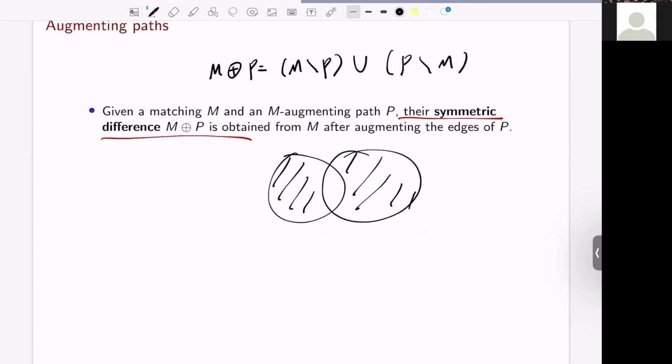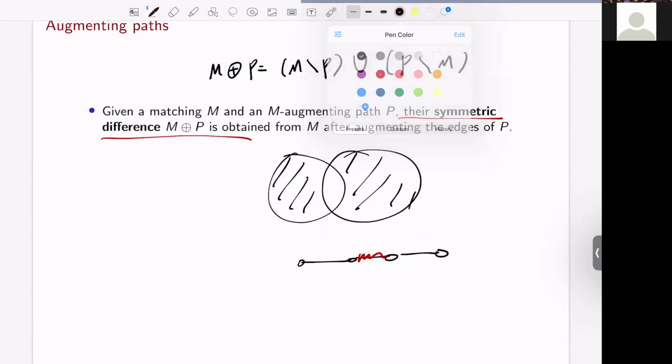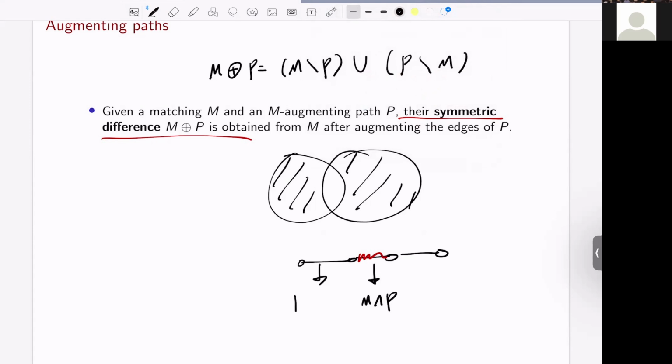So again, you look at this path. This edge belongs to M intersect P, right? I'm looking at my path, and this edge is also part of the matching, so I take them out. But this one belongs to the path P but doesn't belong to the matching M. Also, the last edge belongs to the path but not to the matching.